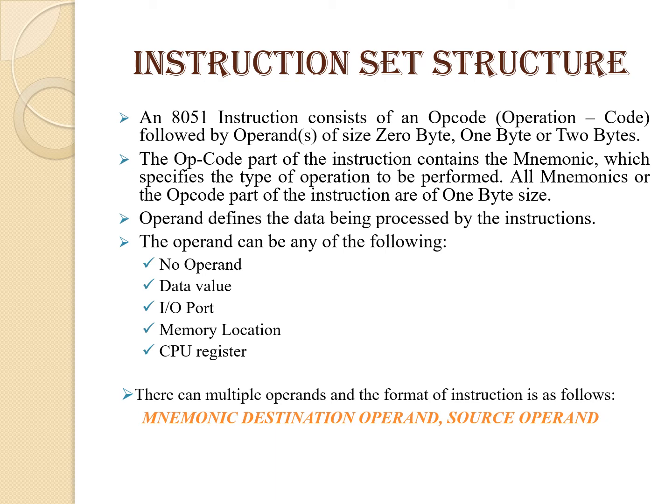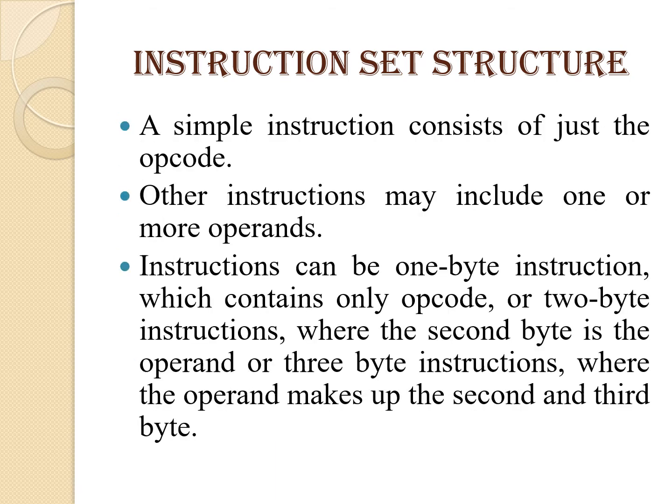There are multiple operands and the format of the instruction is as follows: mnemonic, destination operand, comma, source operand. This is the format of the instruction. You can get more details about it later whenever we see the instructions.